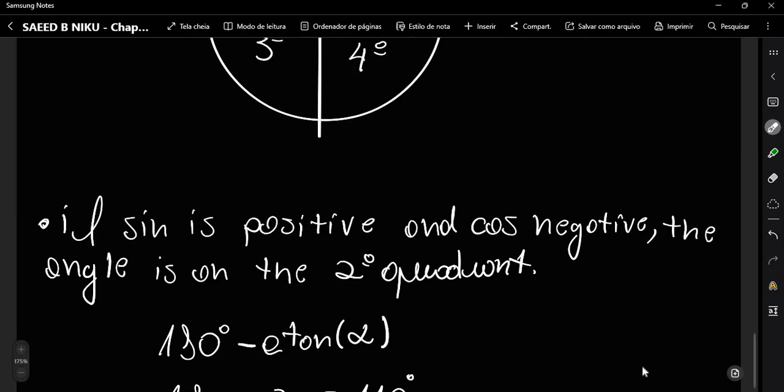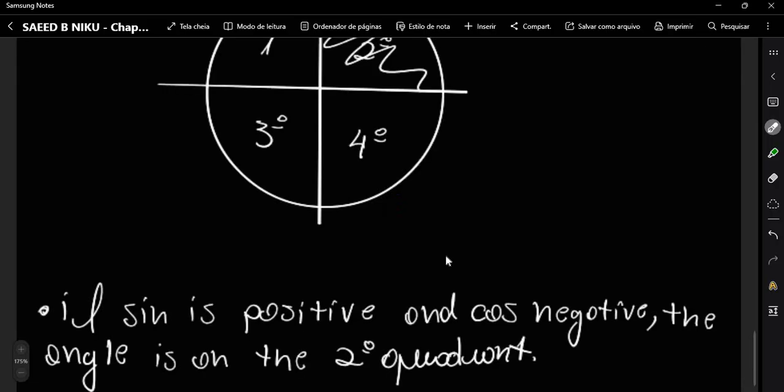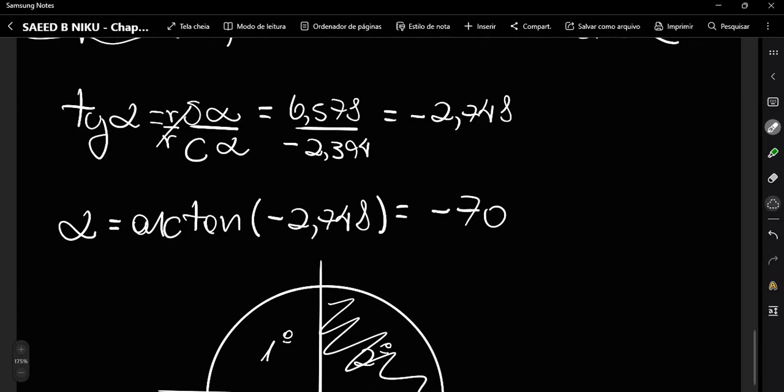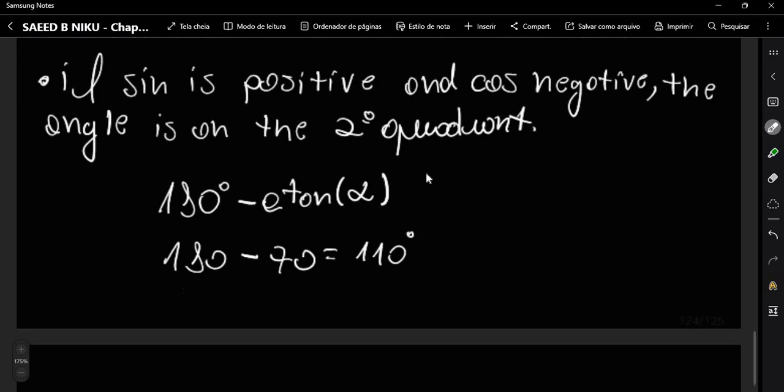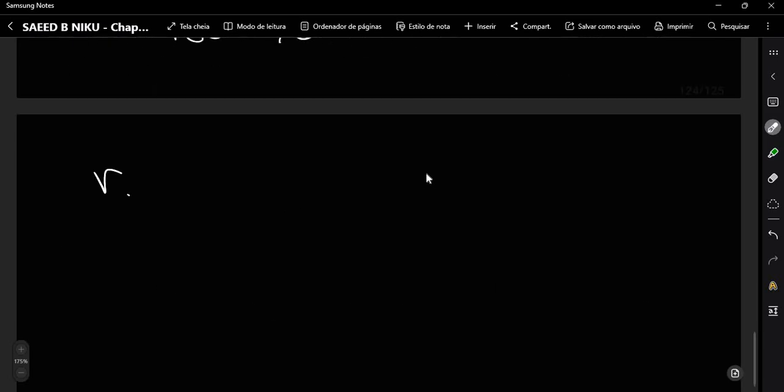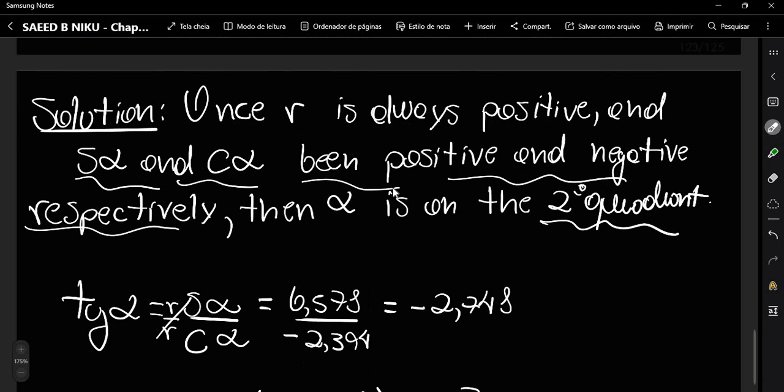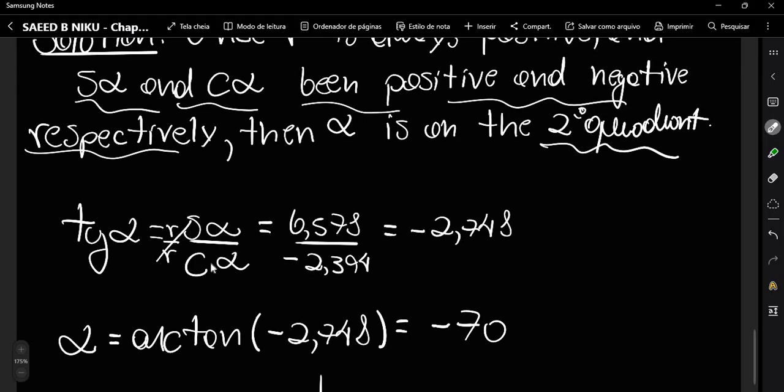And now calculating R. So R times sine of alpha is equal to 6.578. We can use both relations, sine of alpha or cosine of alpha.